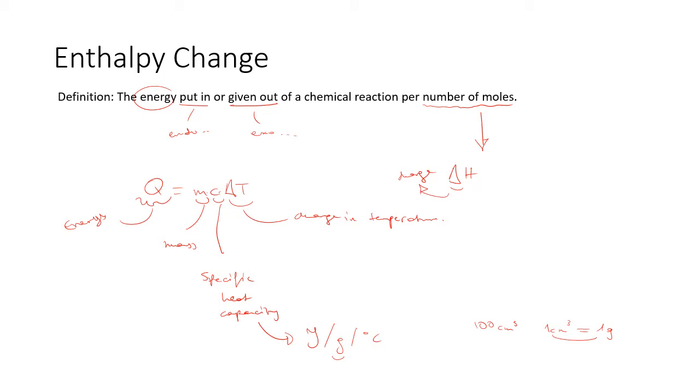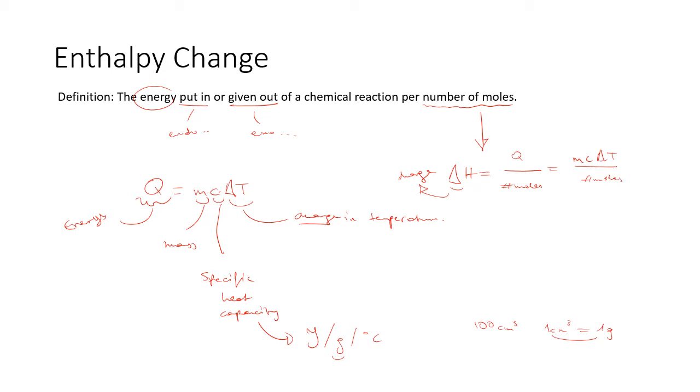And here is change in temperature, here is change in enthalpy. So change in enthalpy equals Q, which is the energy transfer, the energy put in or given out of the system, divided by the number of moles. So you can rewrite this to represent the whole story as mc delta T over number of moles.